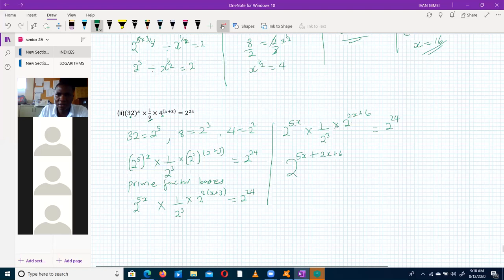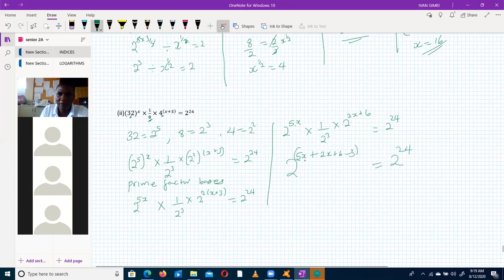Remember those laws that we looked at. Then here, you subtract the 3 since it is down. These are two same bases, so just deal with their powers. Minus 3, equals 2 power 24.